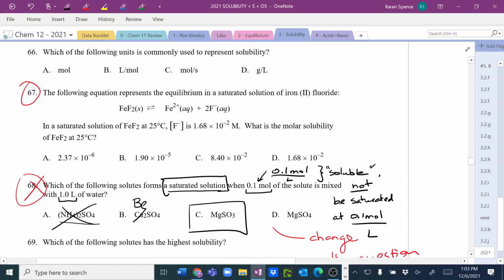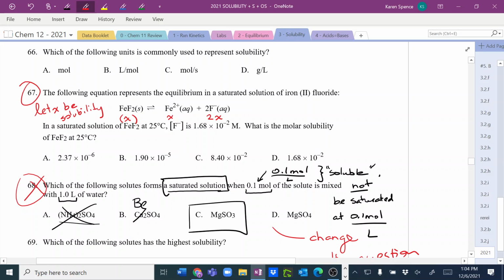number 67. The following equation represents the equilibrium in a saturated solution of iron(II) fluoride. In a saturated solution, fluoride is 1.68 times 10 to the minus 2. What is the molar solubility of FeF2 at 25 degrees Celsius? Well, if we let X be the solubility, then we have X for the iron and 2X for the fluoride.